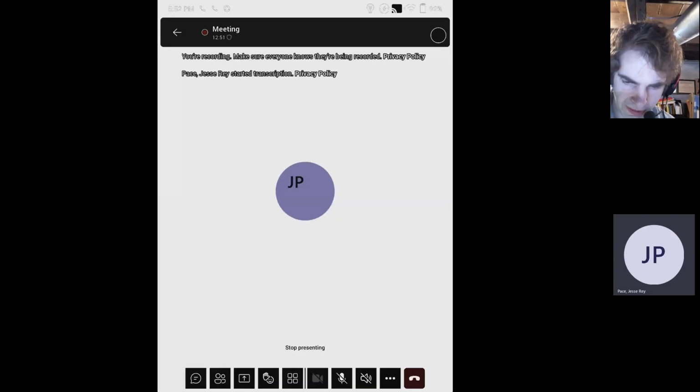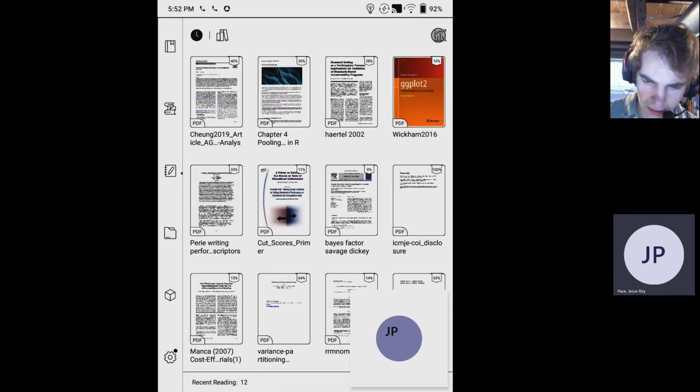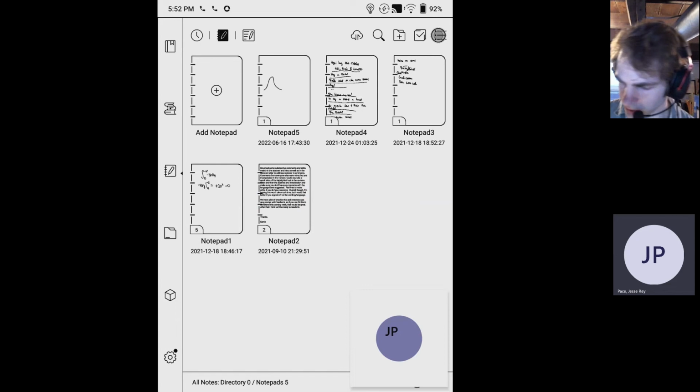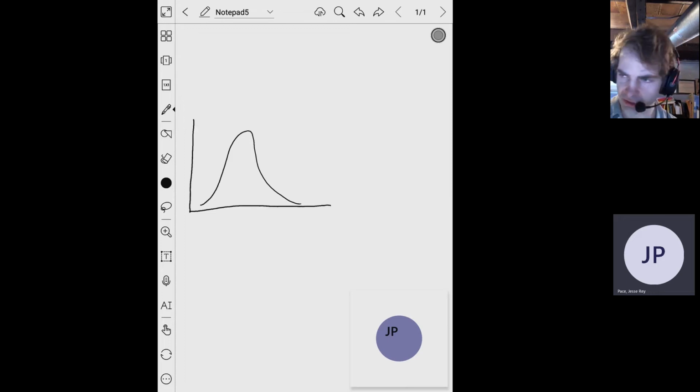So when I say the cut score, what I mean is, imagine that we have some test, and that test has a distribution of scores. Let's assume that they look approximately normal.